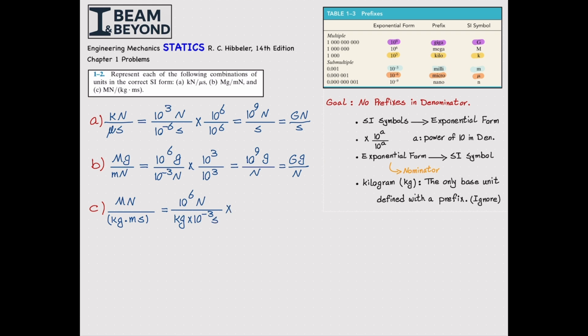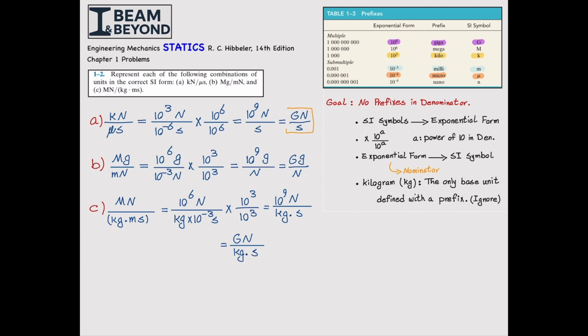So the goal is to get rid of that 10 to the power of negative 3. Times 10 to the power of 3. This will give us 10 to the power of 9 Newton over kilogram second, which equals, 10 to the power of 9 is giga again, giga Newton over kilogram second.